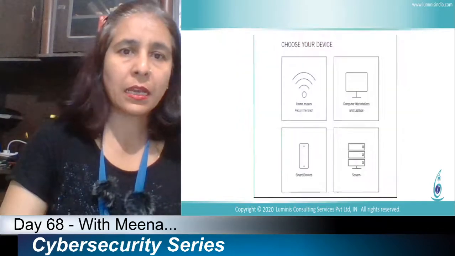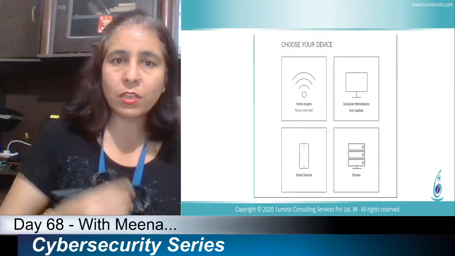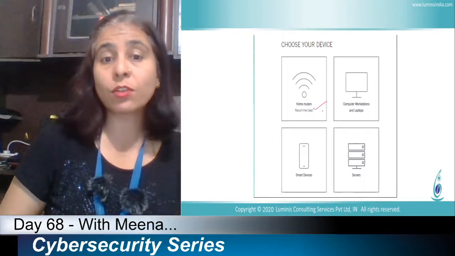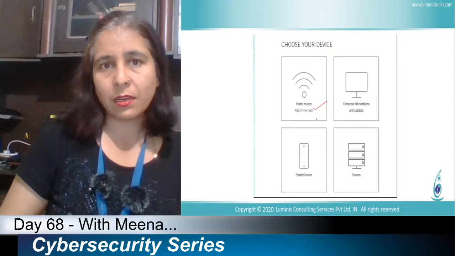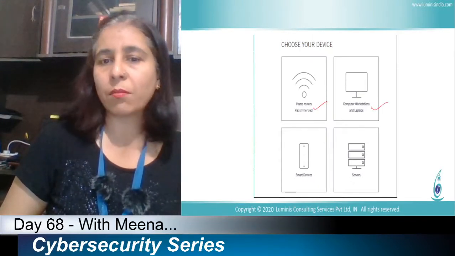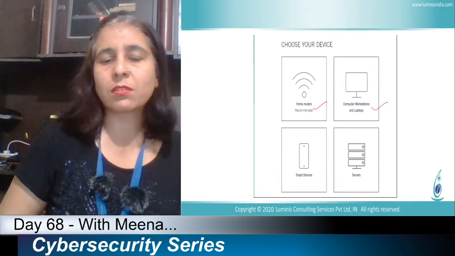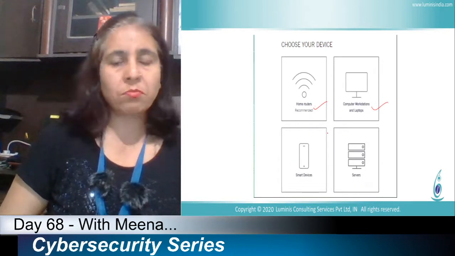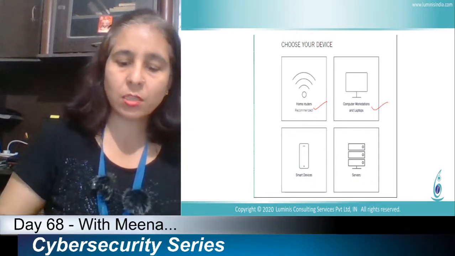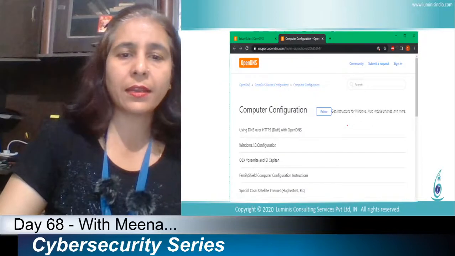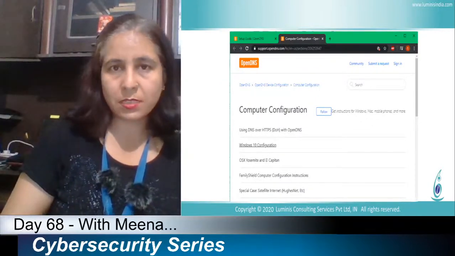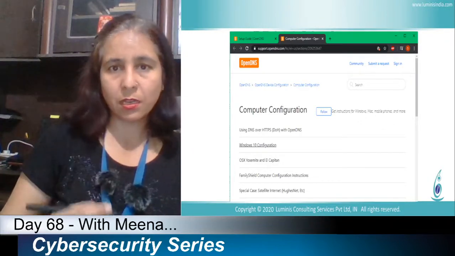Clear? And here you choose which device you want to use it on, whether you want to configure the DNS on a home router, or only on the computer or laptop, servers, smart devices. Whichever device you want to choose, just click on it, and it will give a list of device types you want to configure.